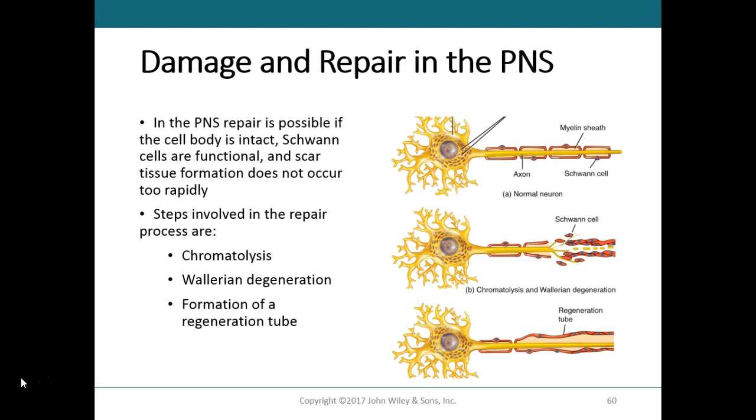The regeneration tube then can guide the growth of a new axon from the proximal area of the injury to the distal area of the injury. However, new axons can't grow across the gap if the site of the injury is too large or if the gap becomes filled with fibrous collagen fibers, which create scar tissue.